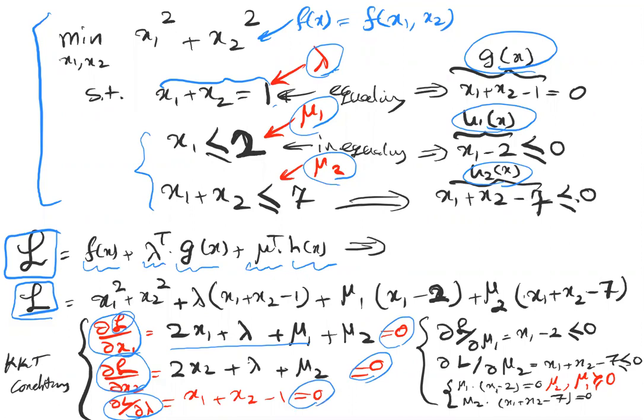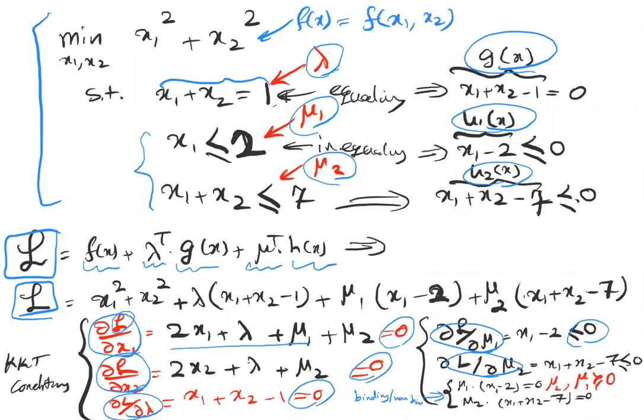Now we have to find the partial derivative with respect to mu sub 1 and mu sub 2, which are inequality constraint Lagrange multipliers, and they should be less than or equal to 0, which is the same as our inequality constraints. Here is this set of constraints. Also, this is for determining whether the constraints are binding or non-binding, right?